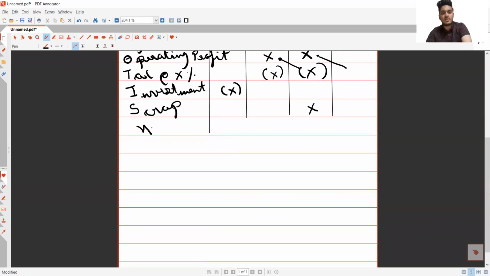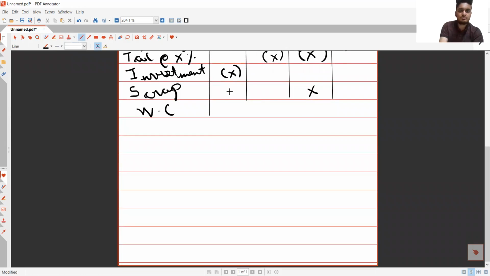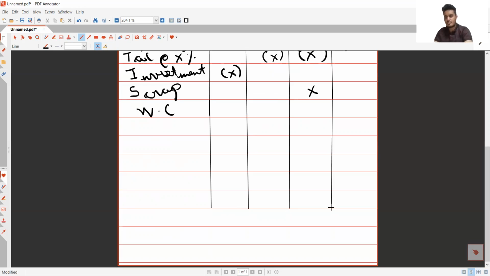Next is working capital. I'll just extend my lines. Now, guys, this actually is not complex, but it can be a little confusing for students.